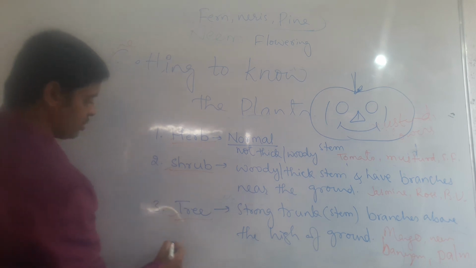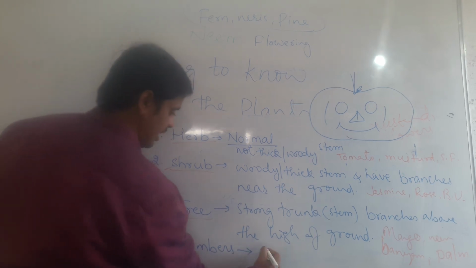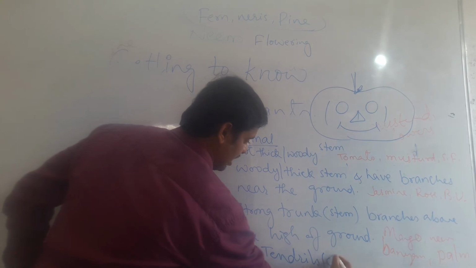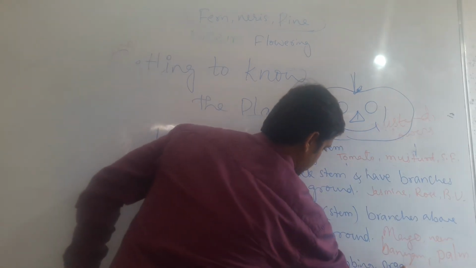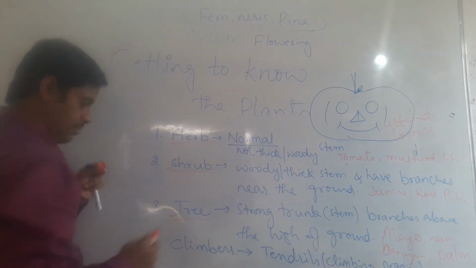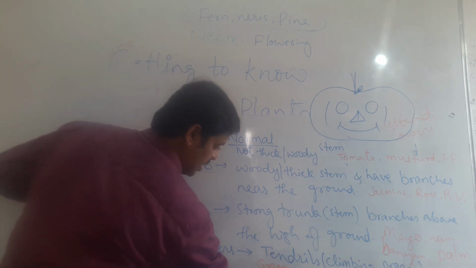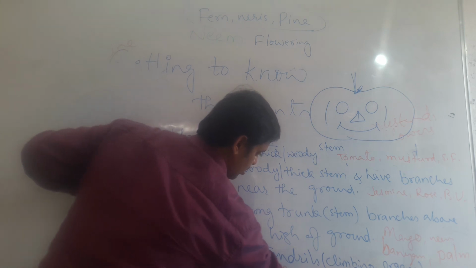And now come to climbers. They have tendrils. Tendrils are nothing but climbing organs. Right? Examples for the climbers are grape, jasmine, and bitter gourd.